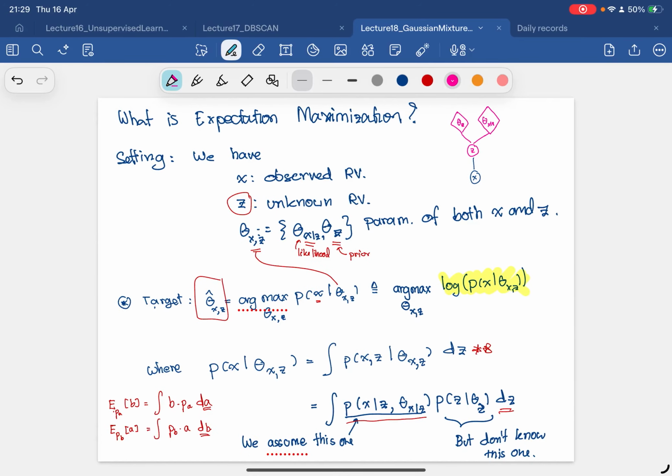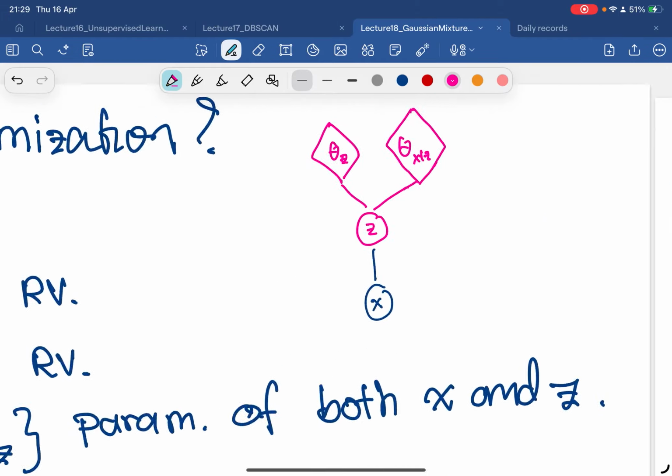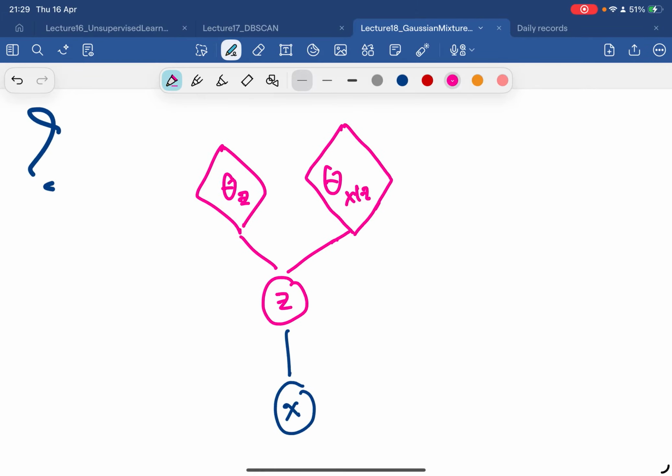Yep, so in this topic, we will go over what expectation maximization is. Expectation maximization is a technique that we normally use in the following setting. First, we have x, which is our observation. However, we believe that there is another random variable that somehow influences x, like z, like the cluster.